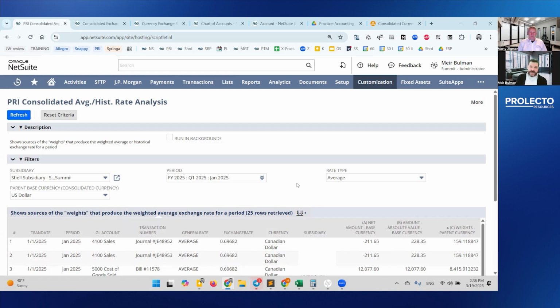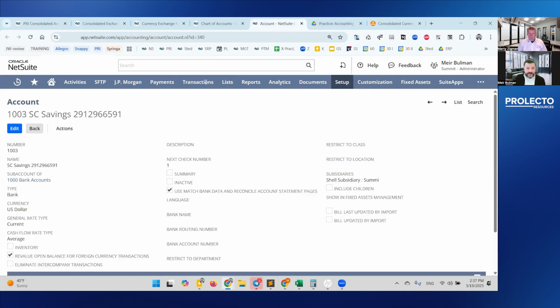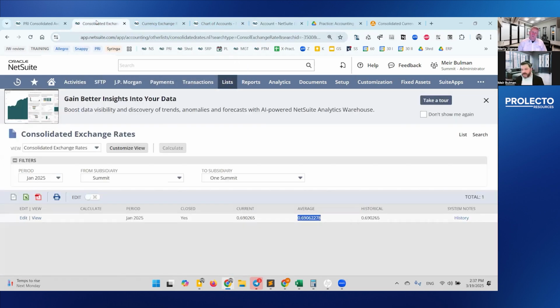So just for simplicity's sake, let's assume that the only account types that have the historical rate type defined on the account record are equity accounts. Those are the only ones. NetSuite's going to take all of the equity account movement in that period and produce a weighted average just of those accounts.